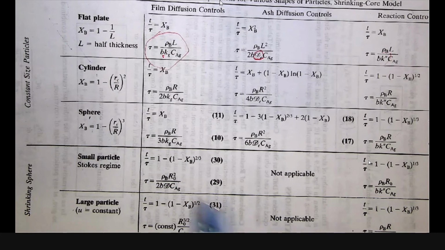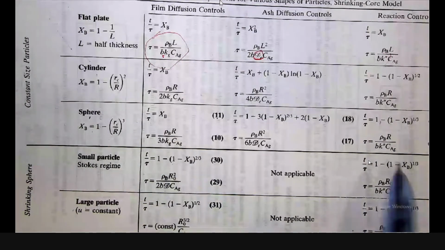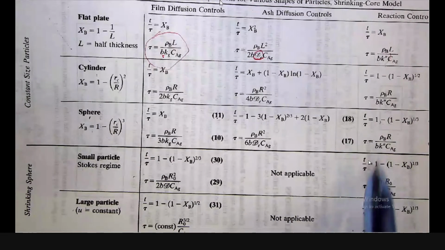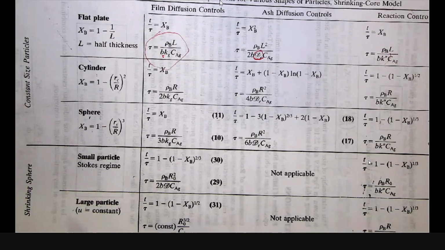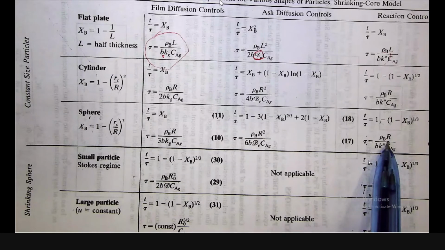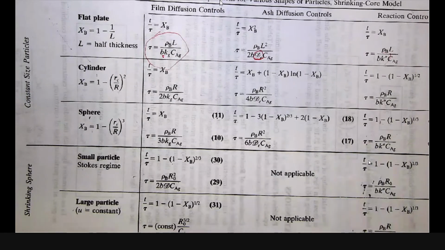So these are the expressions that you can get. In our syllabus, we have just gone through these 3 and this particular 2 expression. These 2 will be almost the same. The only difference is that here they have mentioned R0, but here it is again R0 if you are taking the k.